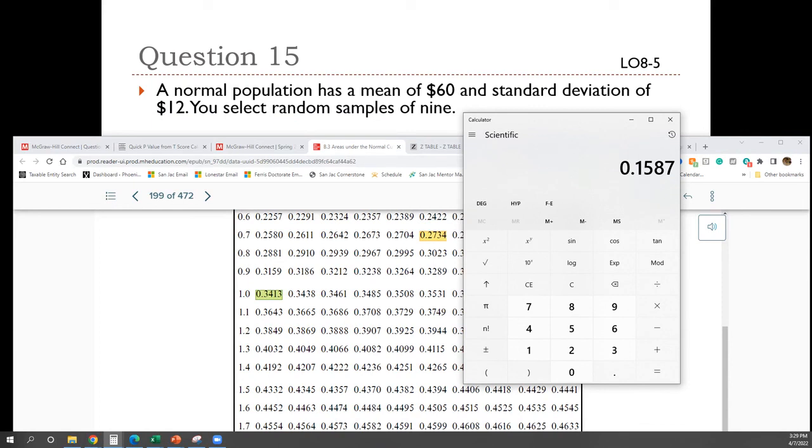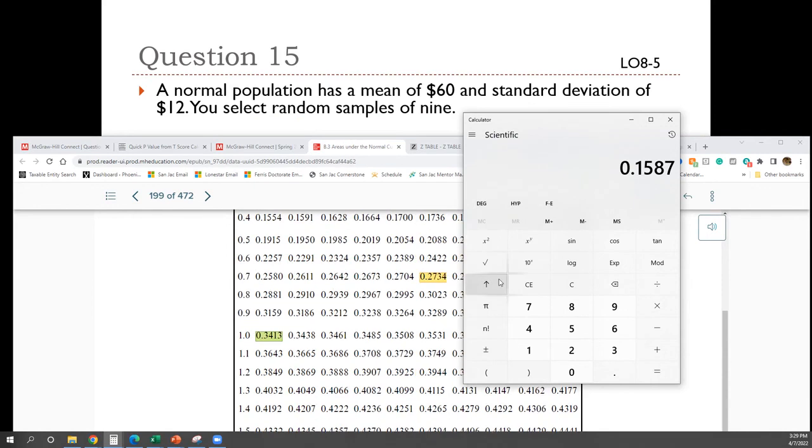So what is the probability of between 56 and 63? Okay, so this is our addition going on. We would need to add 0.2734 plus our 0.3413.